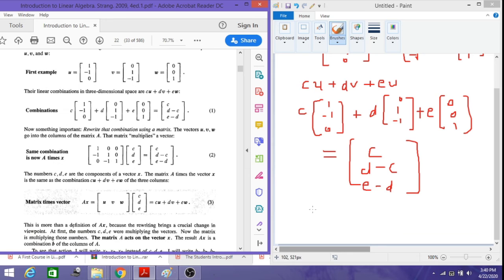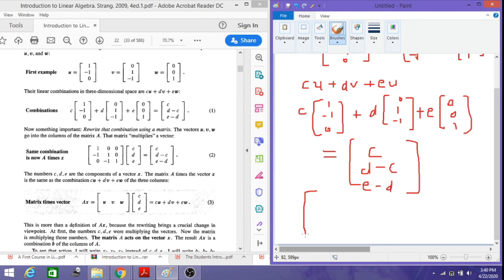Now if you rewrite this using a matrix, this is the normal column vector representation. If you write these coefficients as a matrix, it is 1, 0, 0, then minus 1, 1, 0, and then 0, minus 1, 1, and its unknowns are C, D, and E. So now we got one more interpretation here.